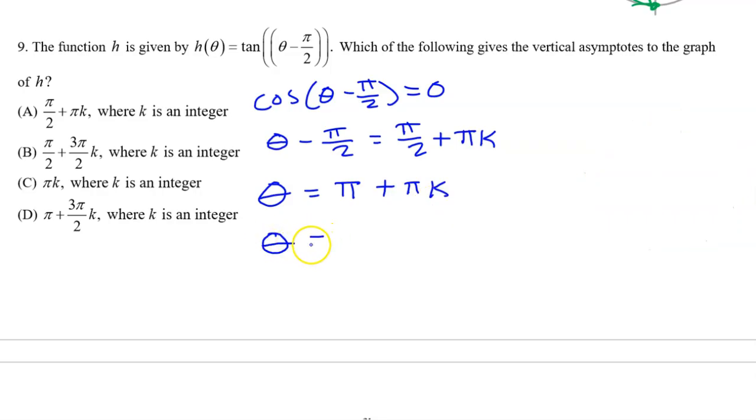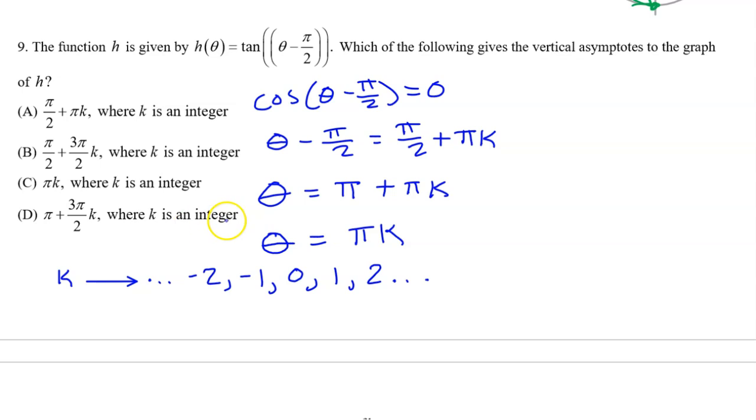Now I'm going to try to convince you that pi plus pi k and simply pi k represent the same set of numbers. Remember that k is any integer, so k represents numbers like -2, -1, 0, 1, 2, and so on forever in both directions.